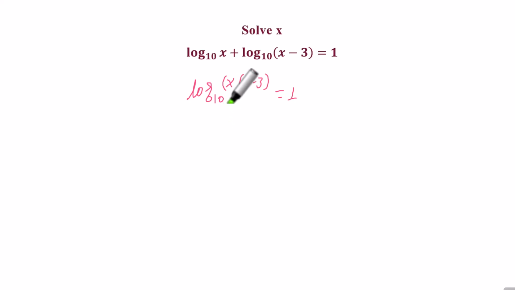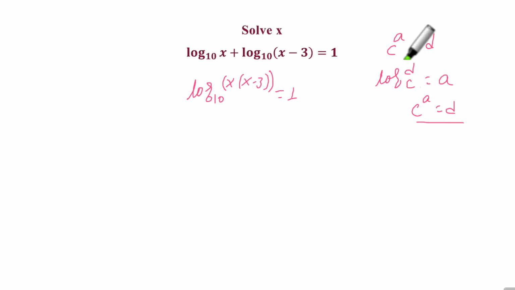Yes, so we can convert this into exponential form. For example, if there is c to the power of a equal to d, you can convert it to logarithm of d to base c is a. To convert this to exponential, you start from c, then you make it a power, then you get d.